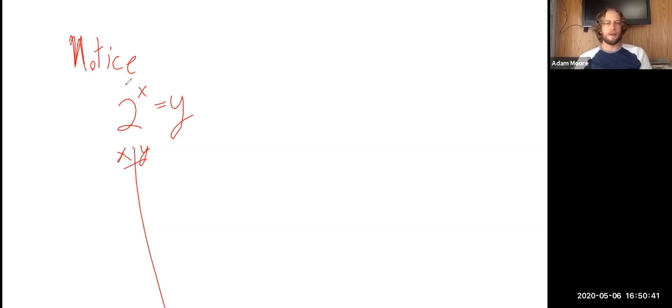We could plug in numbers for x, and that would give me the y values, just like we have done so many times. If I plugged in a 5 for x, then y is going to be 2 to the 5th, which is 32, I guess. No big deal.